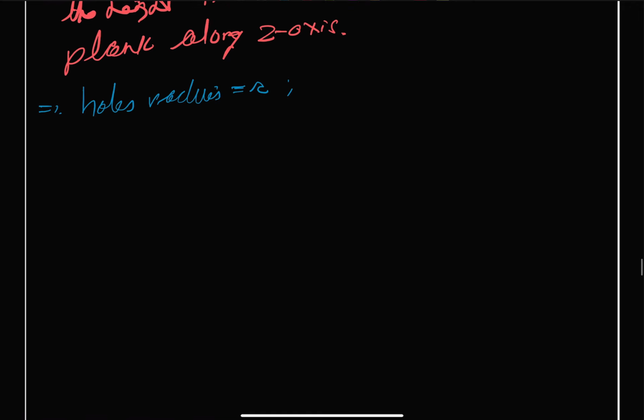Let me draw it more. This total is given as 2r, so the radius of this hole will be r. So one point of the sphere which is going to touch has coordinate r, and the other point also has coordinate r. The other coordinate we can define later.